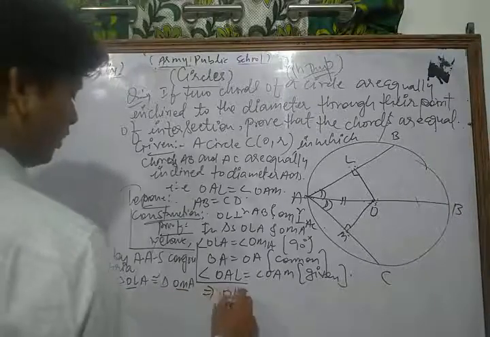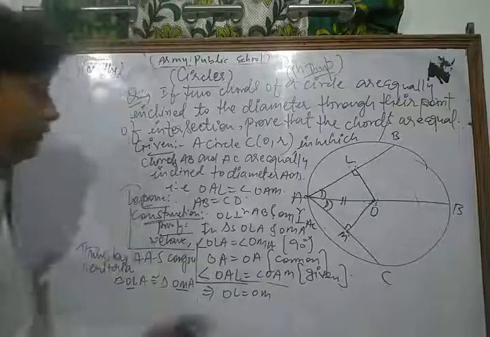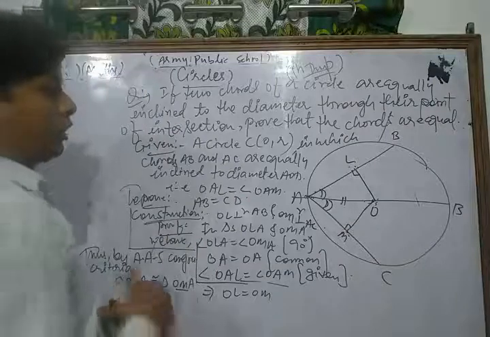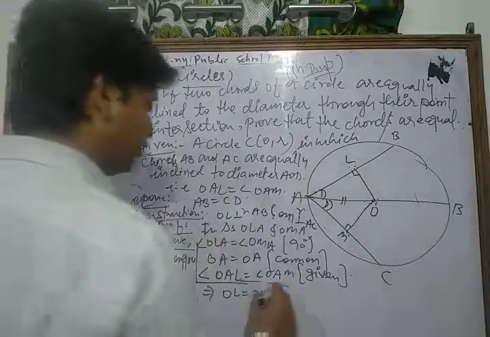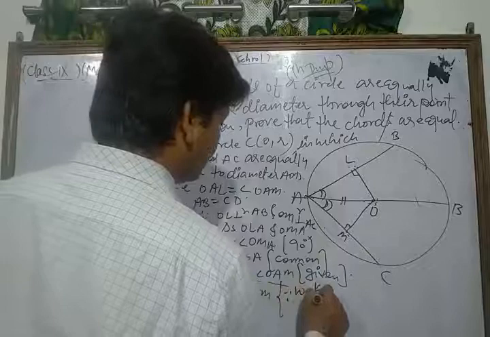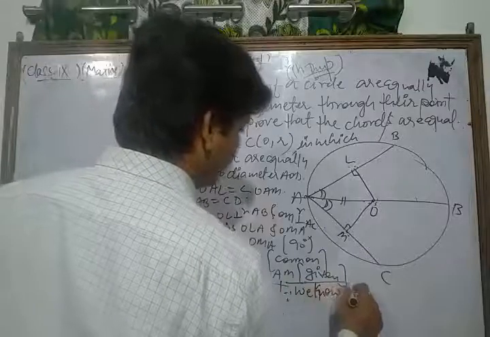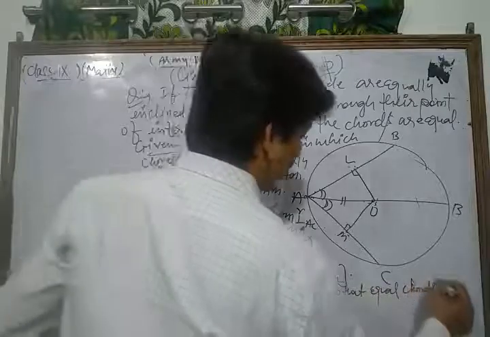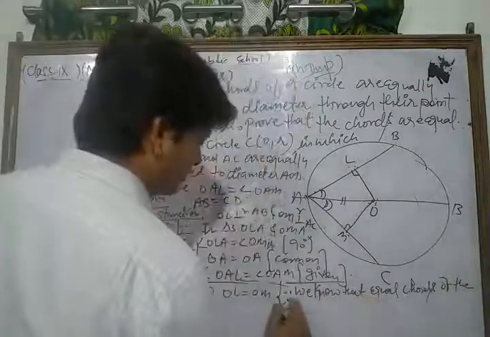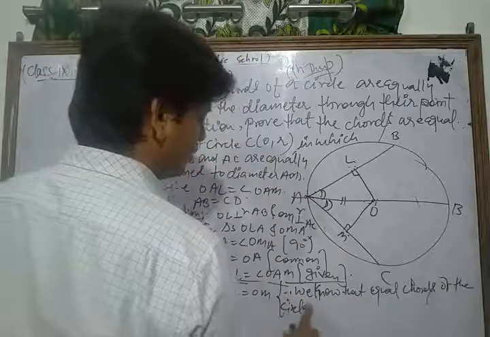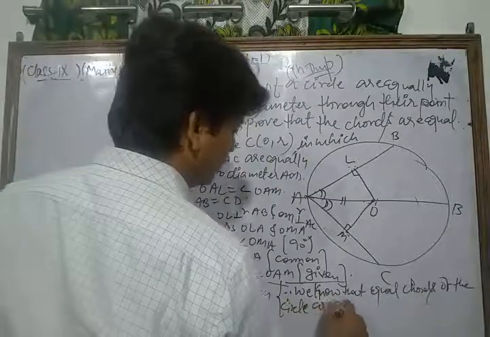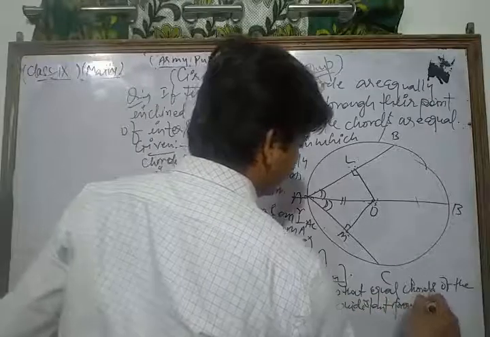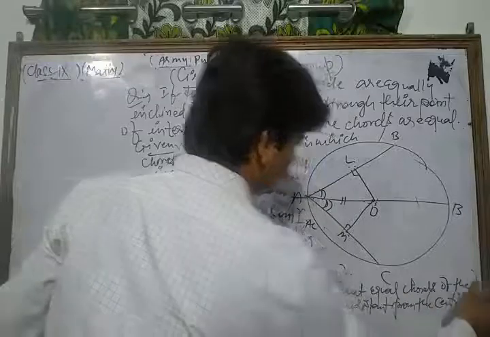We know that equal chords of a circle are equidistant from the center.